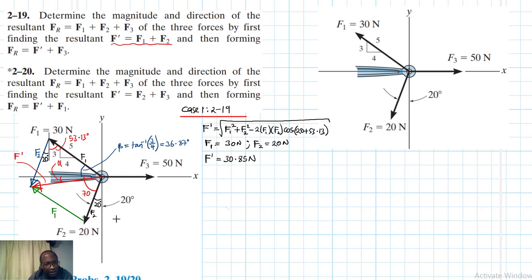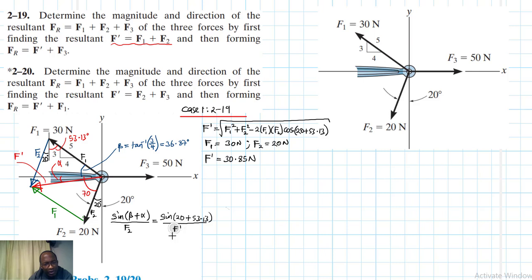So if we are to write it down here, then we'll say, going to use the sine rule, sine of beta plus alpha divided by F2 is equal to sine of 20 plus 53.13 divided by F prime.